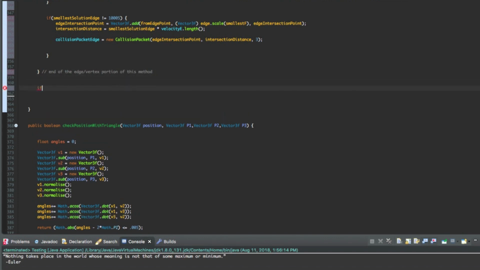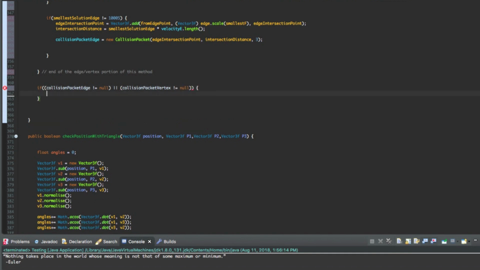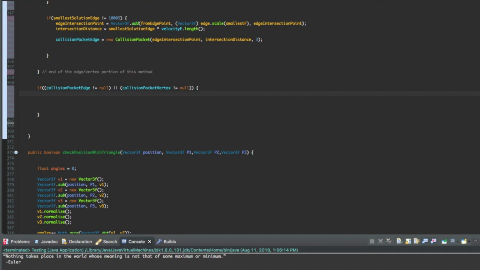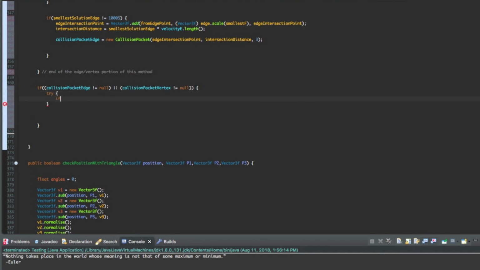So we'll say that if collision packet edge is not null, or collision packet vertex is not null. So one of them actually exists and got created. Then we can try an if statement.